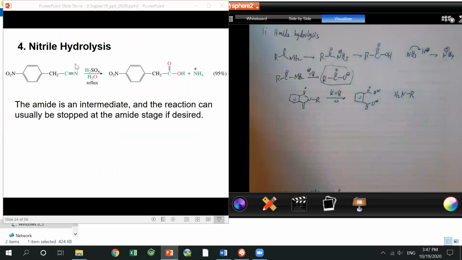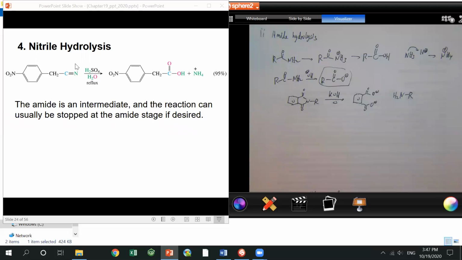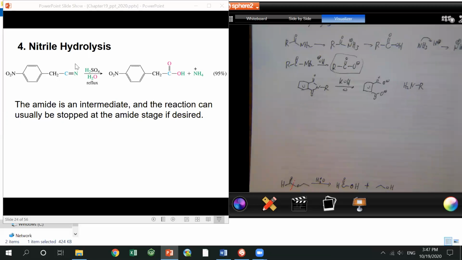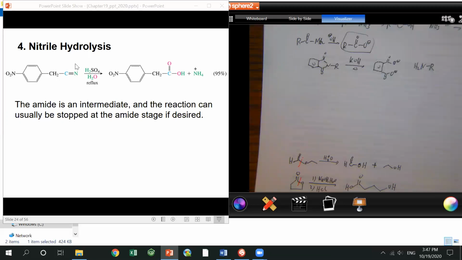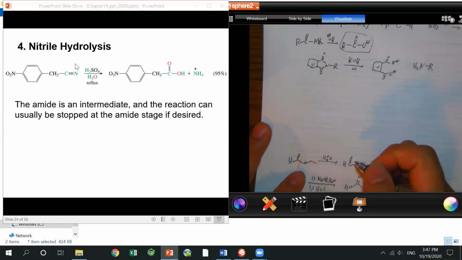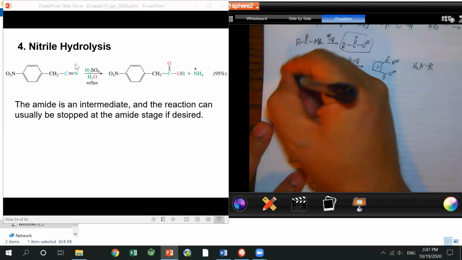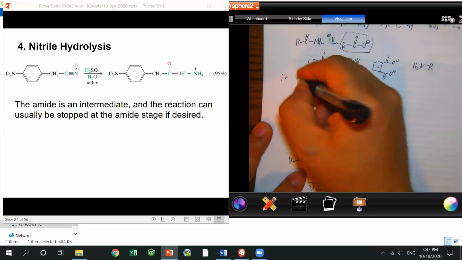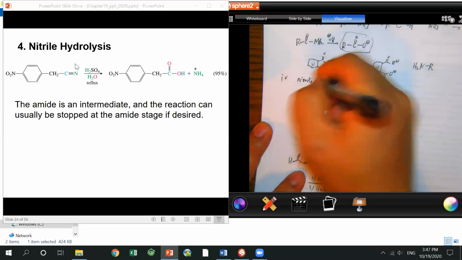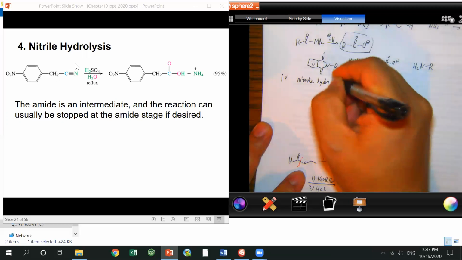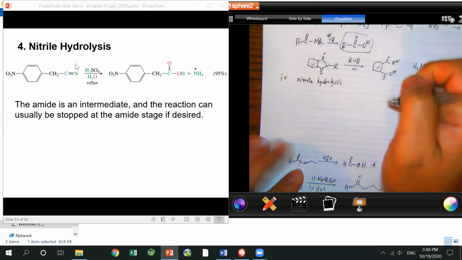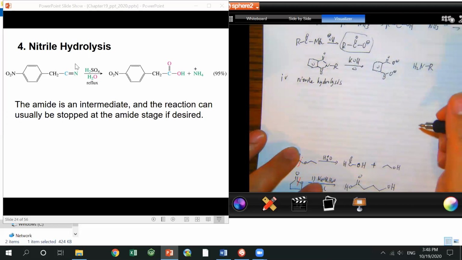And then for the acid, we can also prepare it from nitrile hydrolysis. This is actually pretty interesting.